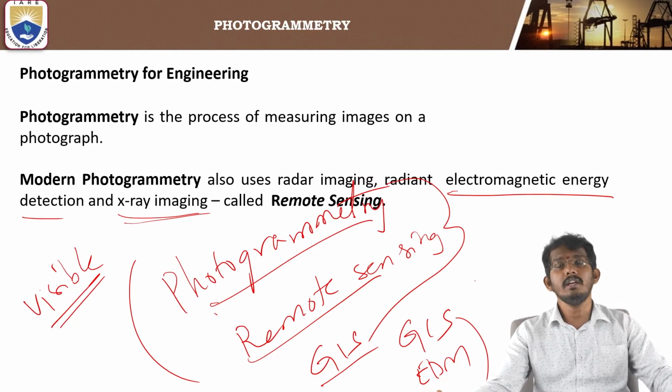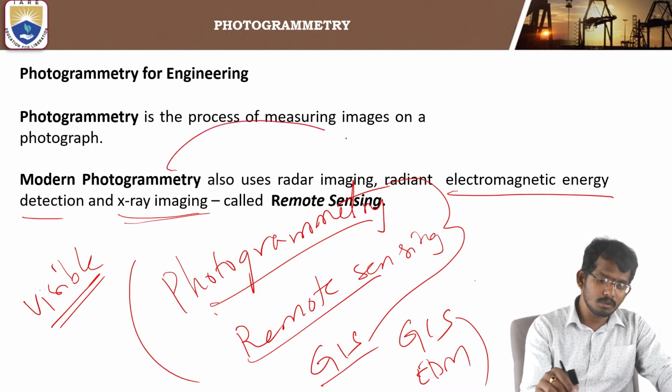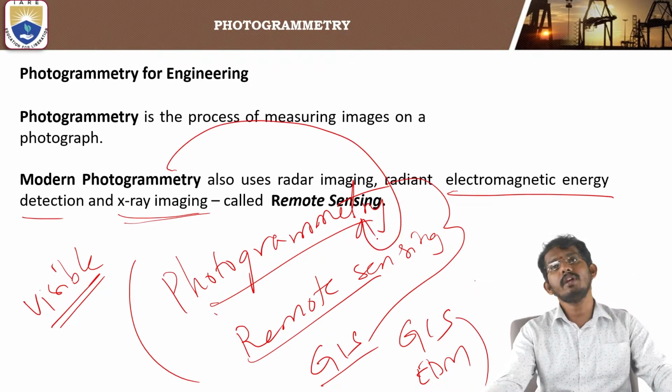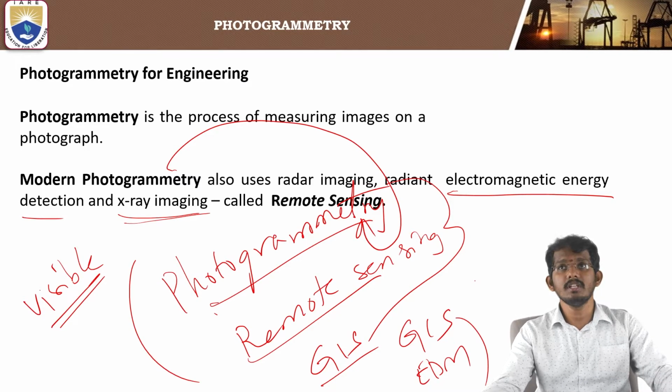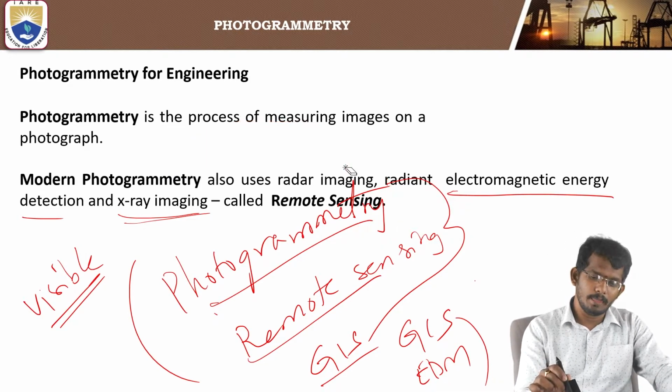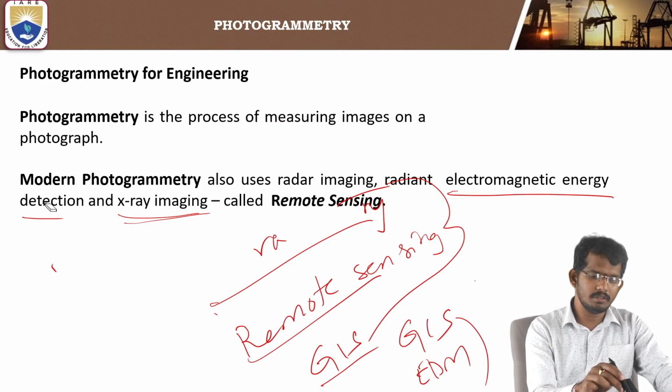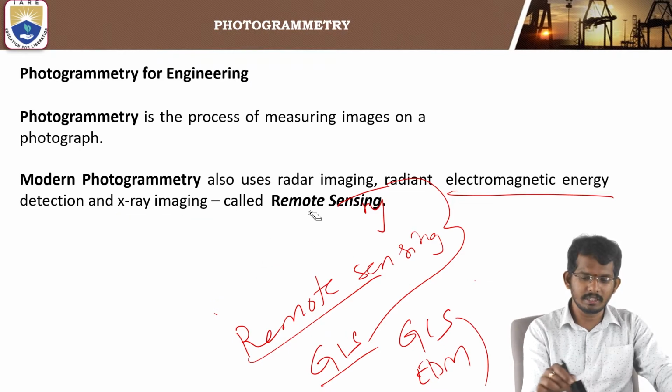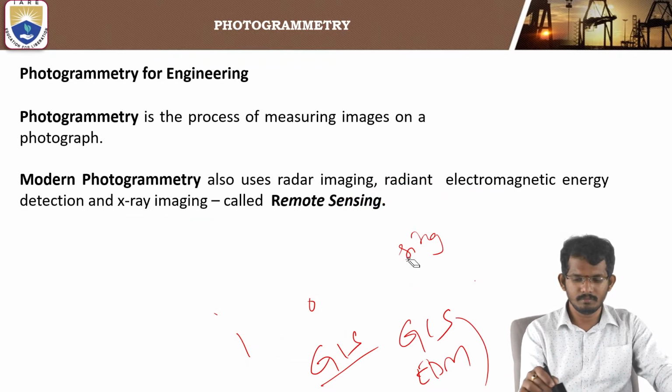Based upon the energy and the X-ray imaging, this photogrammetry is also called remote sensing in a few cases. Modern photogrammetry uses radar imaging, radiant electromagnetic energy and X-ray imaging, so they call it remote sensing. But the application is for all. We can apply this technique in various things.